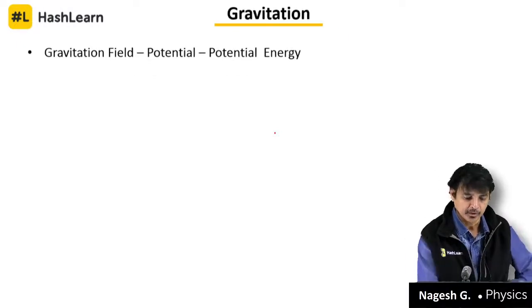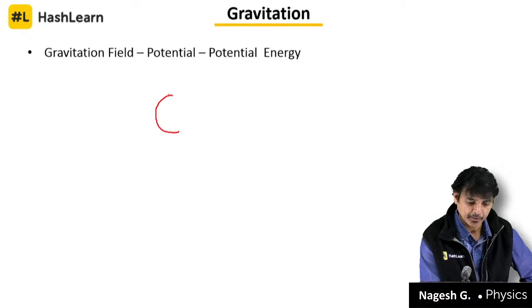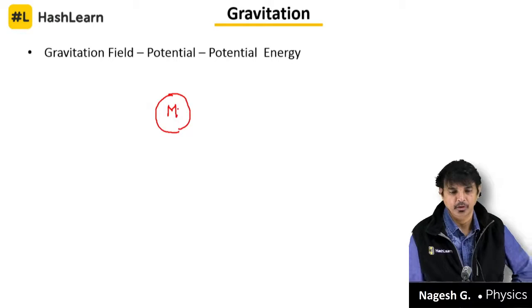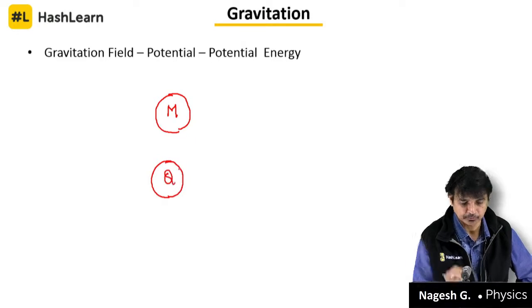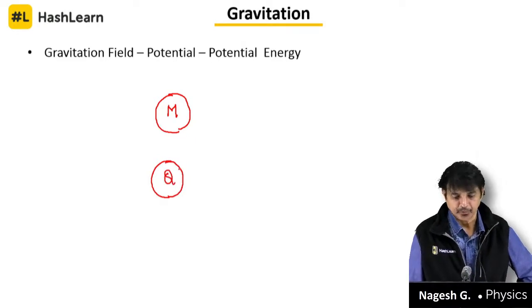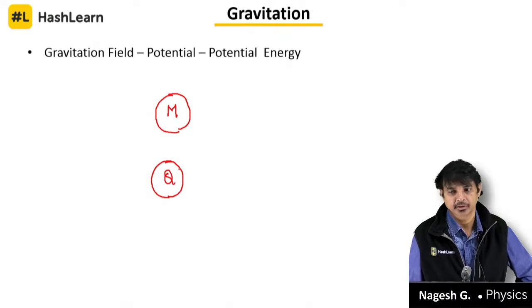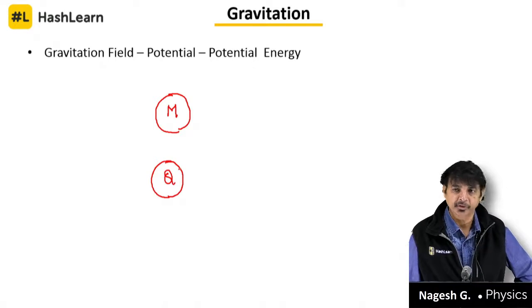Say when you keep a body of mass m, and similarly if you keep a charge q, we know that around the charge its influence is there. Here also around the heavy mass its influence is there.